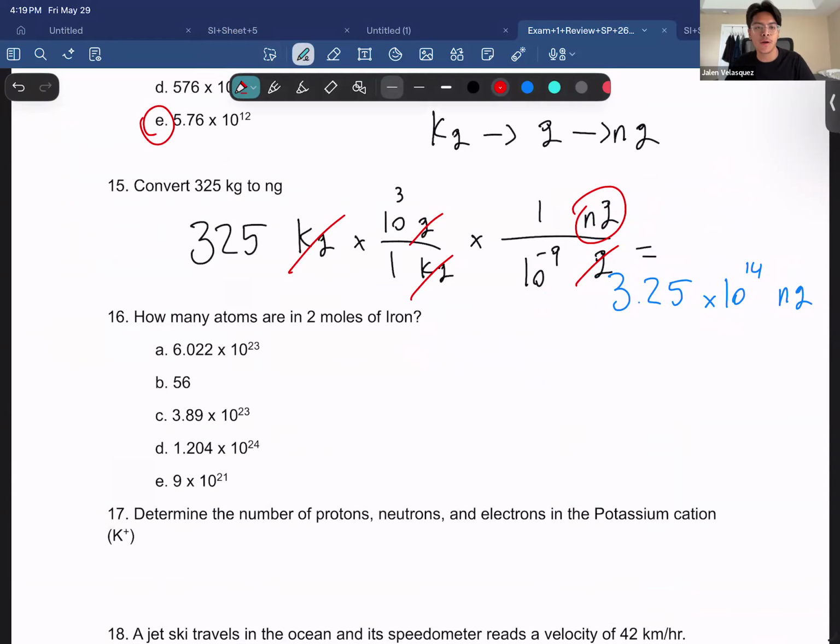Avogadro's number is a really important number, and I always tell my students you're gonna know this number like it's your phone number. Avogadro was a chemist way back in the day, and he was able to figure out how many particles are in 1 mole of a substance.